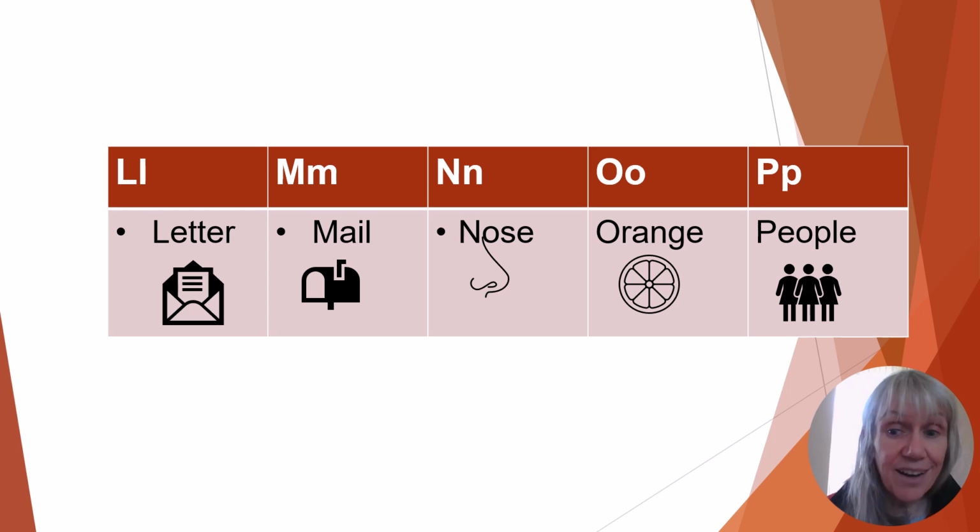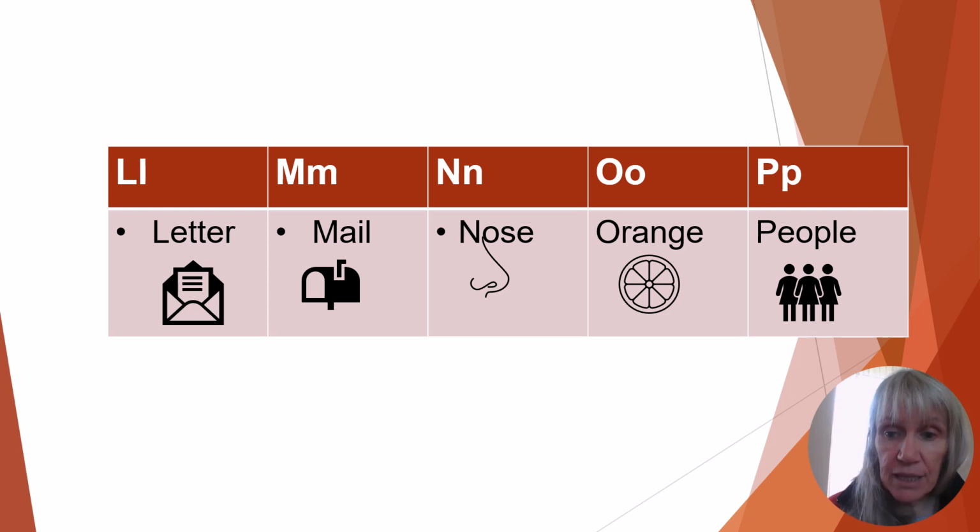Then we're moving on to LMNOP, and that's 5. L, M, N, O, P. For the L, we see the uppercase and the lowercase. I'm starting the letters with the uppercase. We see letter, as in I'm writing and sending a letter to you. Letter, the L is there.